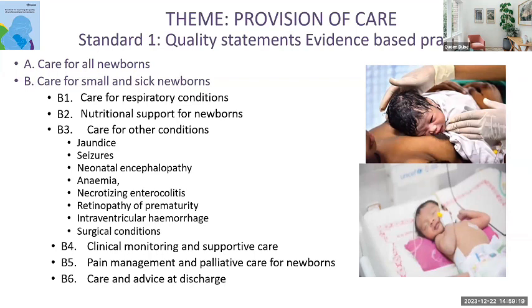So that's why we're starting on the provision of care under the quality statements. We're starting with that which is supposed to be a foundation, your backbone, care for all newborns. And then under care for small and sick newborns, you do have several care statements on the various conditions that we deal with in as far as a small and sick newborn is concerned.